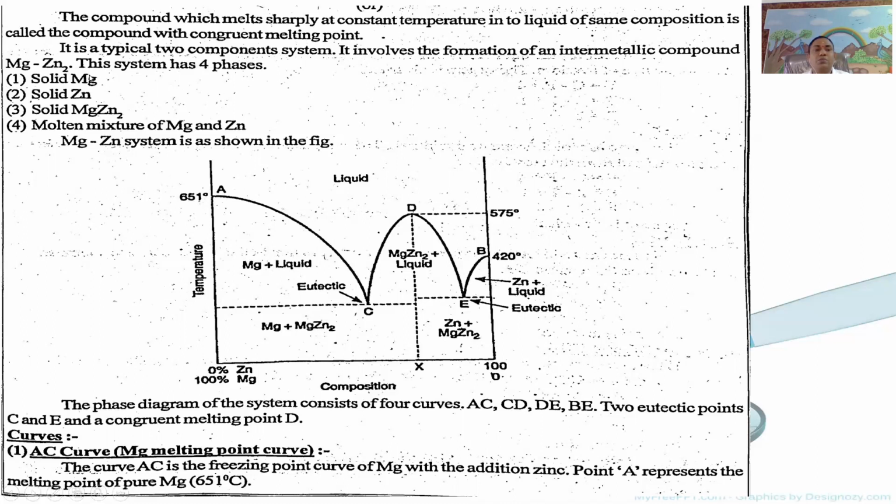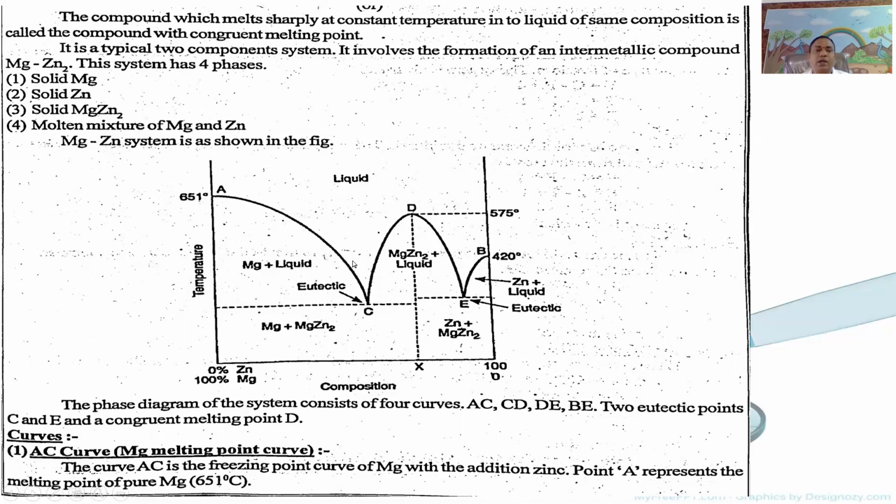The magnesium-zinc compound is MgZn2. This system has four phases: one is solid magnesium, second is solid zinc, third is solid magnesium-zinc compound, and fourth is the molten mixture of magnesium and zinc. The magnesium-zinc system is as shown in the figure.